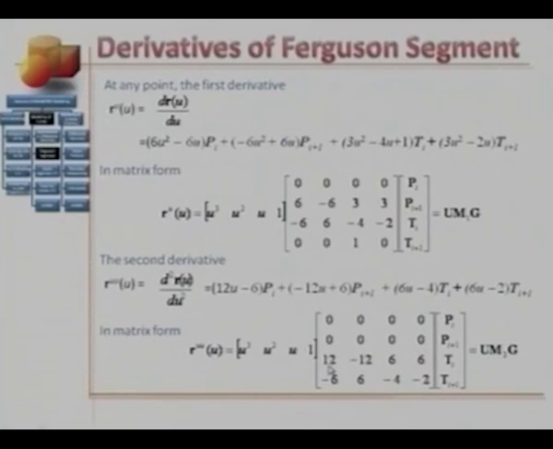The third row is 12, minus 12, 6, 6, and the fourth one is minus 6, 6, minus 4, minus 2. This coefficient matrix is represented by m sub 2, while this one here is represented by m sub 1. The geometry matrix G remains unaltered.